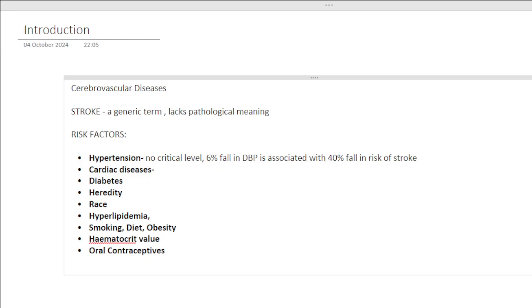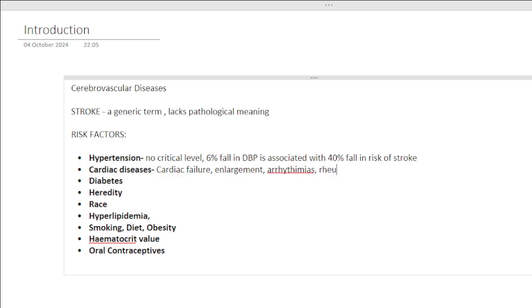Cardiac diseases, especially cardiac failure, or let us say enlargement. It is a symptom associated for a very long time, then it can cause arrhythmias, all kinds of irregularity of the heart.